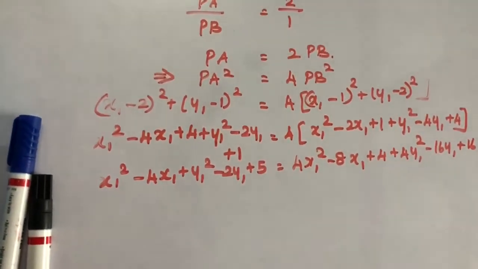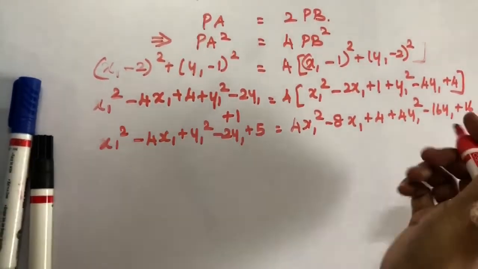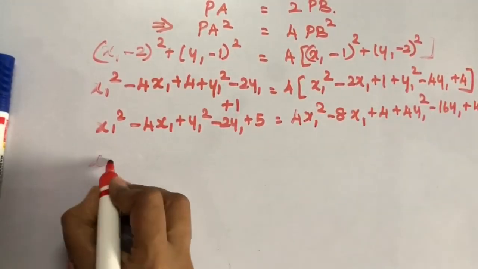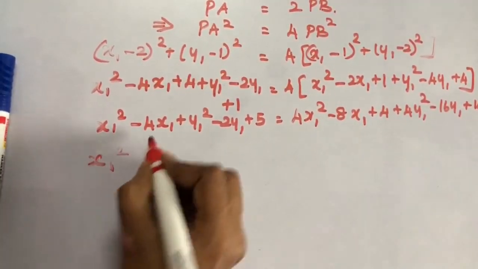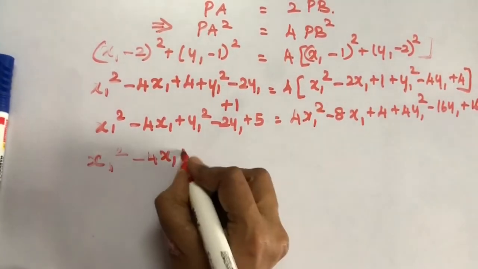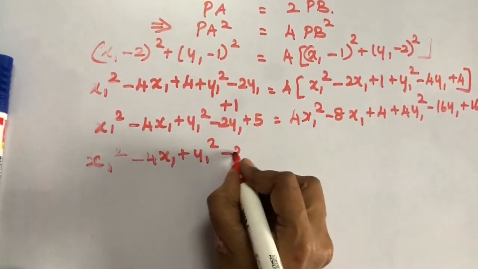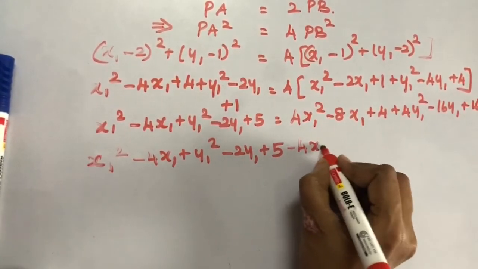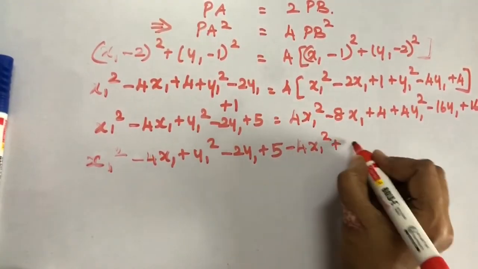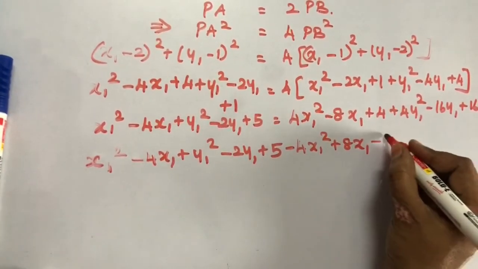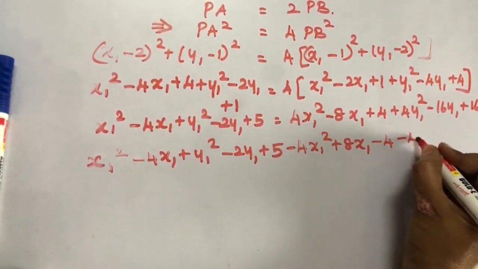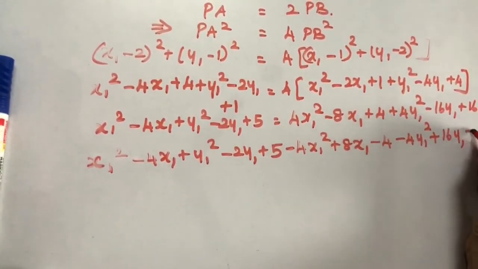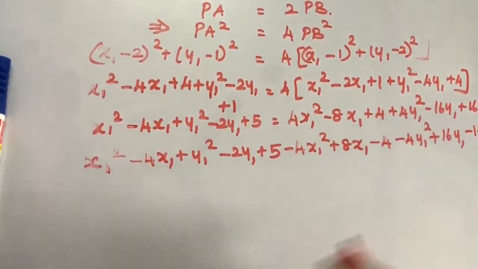We will bring the terms to the left hand side. So x1 square minus 4x1 plus y1 square minus 2y1 plus 5 minus 4x1 square plus 8x1 minus 4 minus 4y1 square plus 16y1 minus 16 is equal to 0.